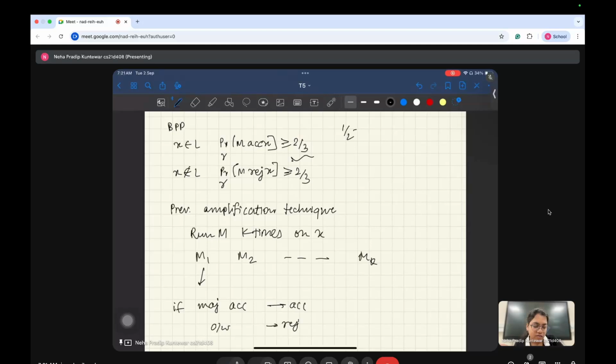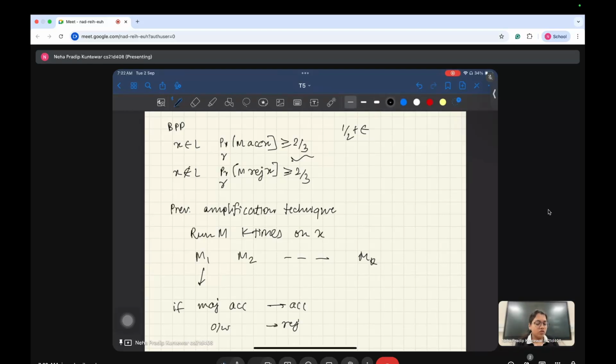Anything greater than half achieves the same amplification, but we stick to this because we just wanted a fraction larger than half, and this is a simple one to come up with. You could have chosen any other fraction.